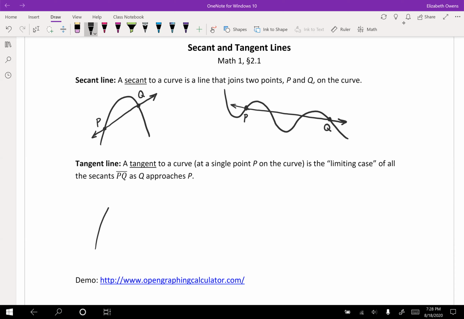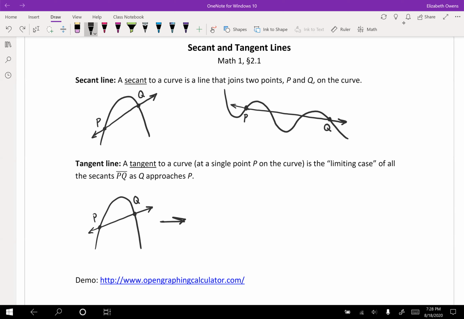Let's draw a little curve with a secant like we did before. Okay, P and Q. There is a secant, line PQ, like it says right here. Now we want to let that point Q approach P. So Q here is going to shift along our function until it gets closer and closer to P. So Q is going to approach P like that.